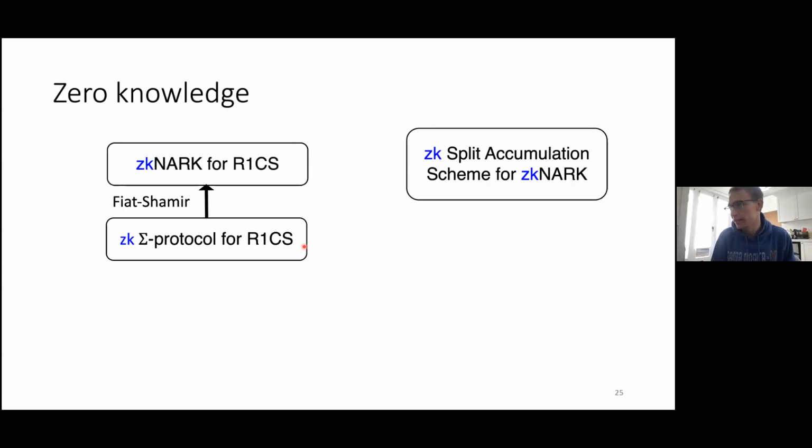And then we also make our accumulation scheme zero knowledge, and so create a zk split accumulation scheme for the zkNARK.